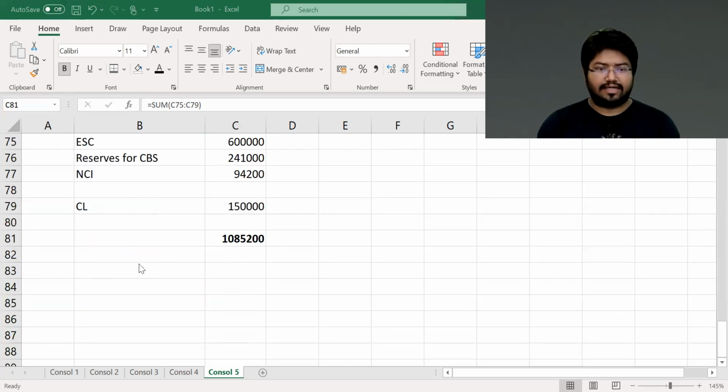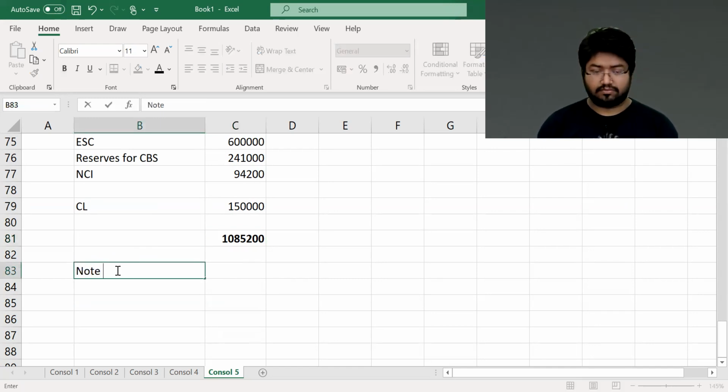Now, let's write that note alone. Note on hidden general reserve transfer.